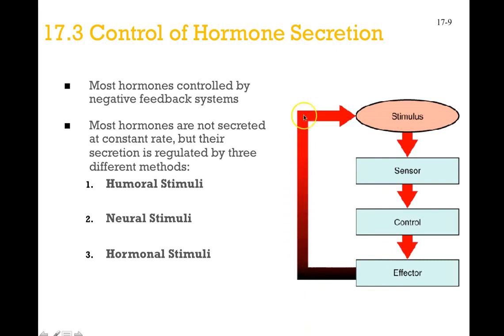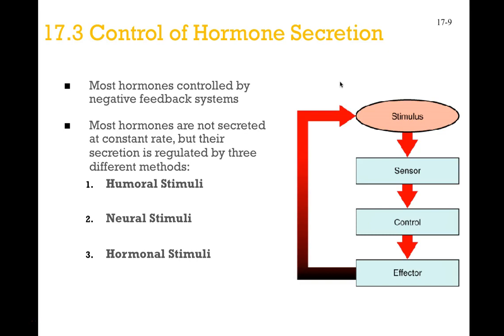Then a signal will go back to our sensor, whatever is first picking up that information that something is off homeostasis, and we'll tell it, hey, we are back to our homeostasis level. You don't need to send the signal that we are too warm over to our control centers. So that feedback of sending that information back and letting them know we're back at our homeostasis level is how a negative feedback system works.